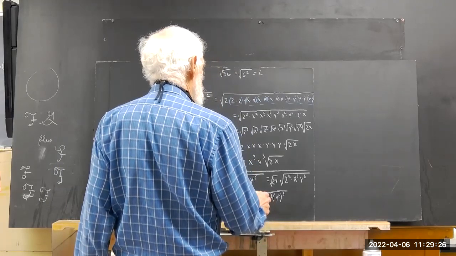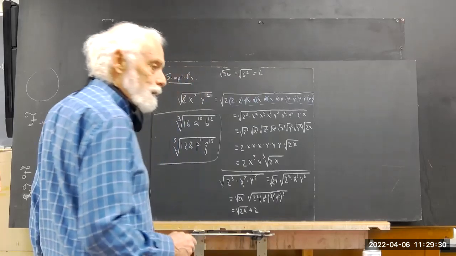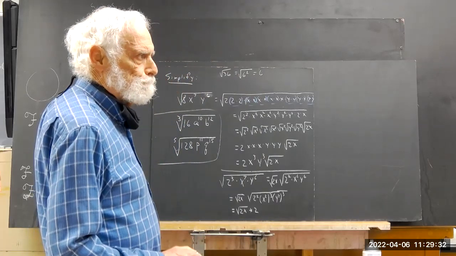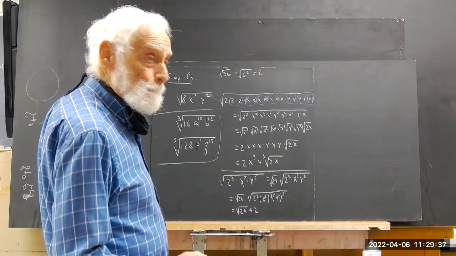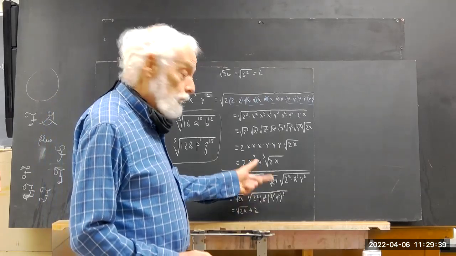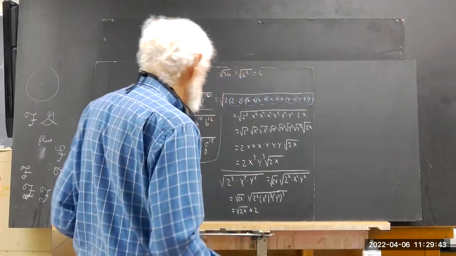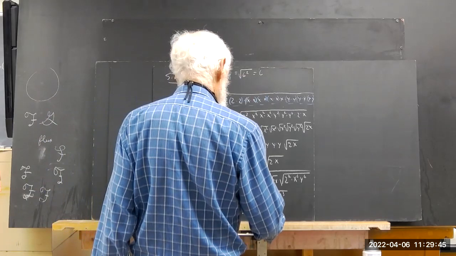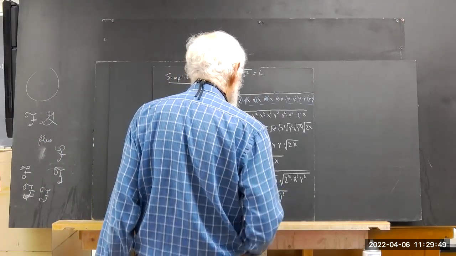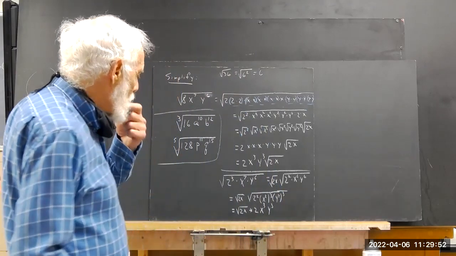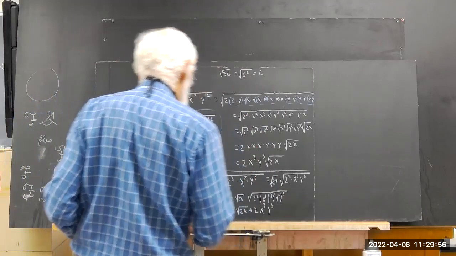What's the square root of x squared cubed? Well, it's just going to be x cubed, right? Yeah. The square root of x squared is x. Okay, so we could do it like this. We end up with the same result.